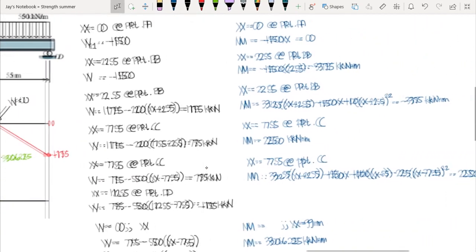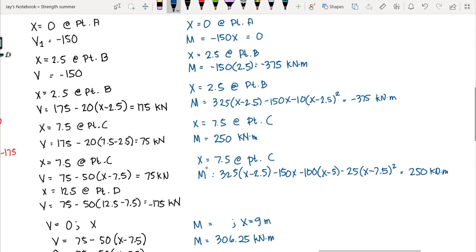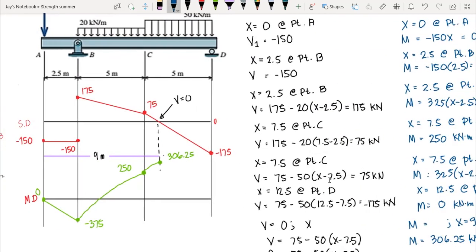Okay? Now, we can now go to point D. So let's compute our point D. At point D we have x equal to 12.5 meters from A. So using this equation again, since we are still in the segment CD, we have still the same equation. That is, we have 0 kilonewton meter. So therefore, our moment at this point is 0.